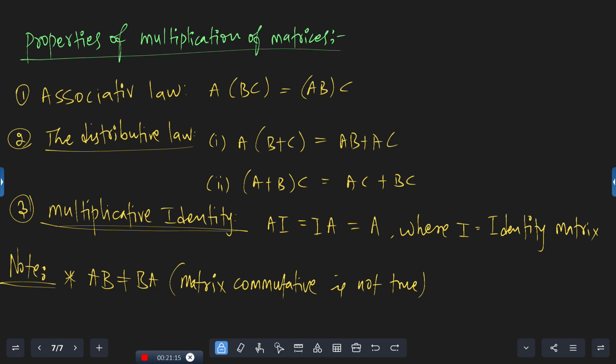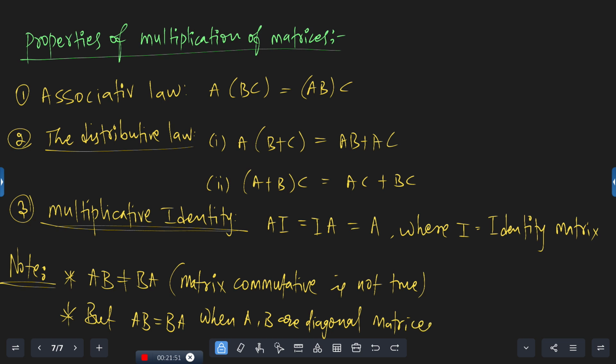Second point: this is in multiplication, but AB equals BA when A and B are diagonal matrices.